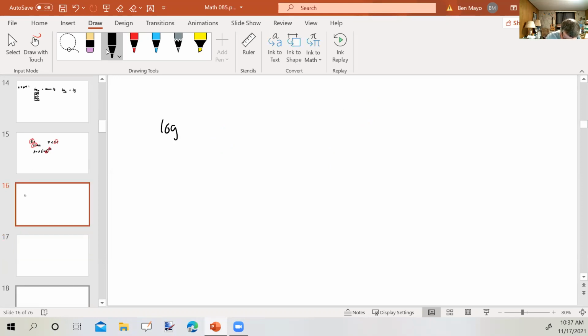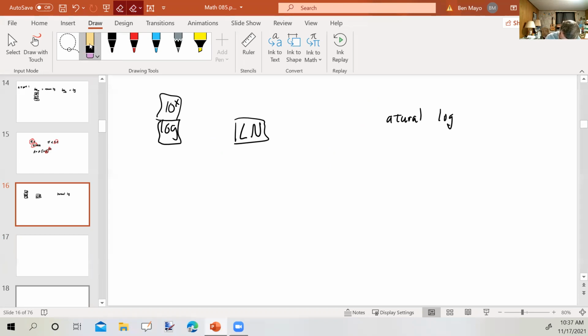Recall I said log, the second function was 10 to the x. There is a button that says ln, which stands for natural log. And we will be looking at that eventually here. But the second function is e to the x.